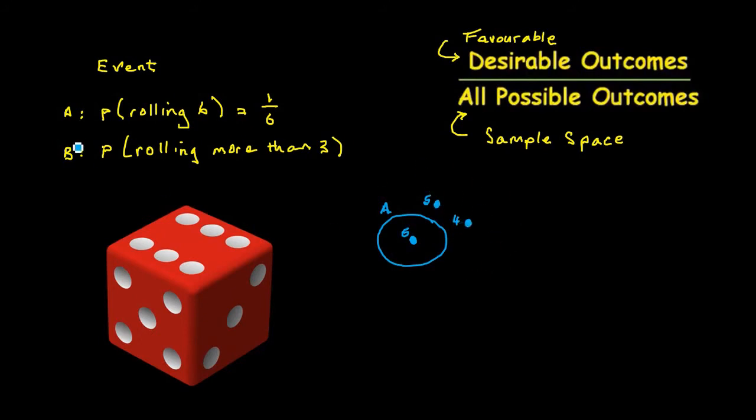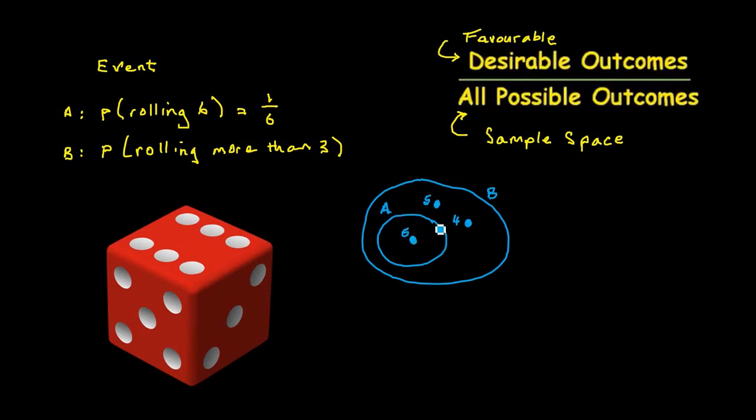So if I draw the set that represents event B, I would have to draw it all the way around event A, like this. Okay? And that's what we mean by overlapping.